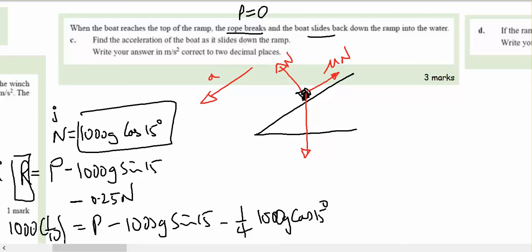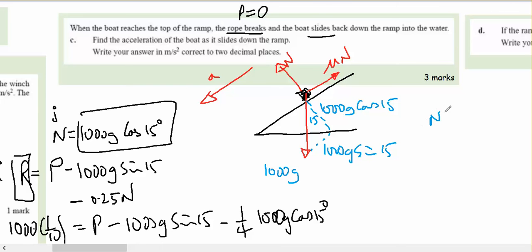So I've got to break this into my 2 forces again: 1,000 G sine of 15 and 1,000 G cos of 15. Therefore N still equals 1,000 G cos of 15.